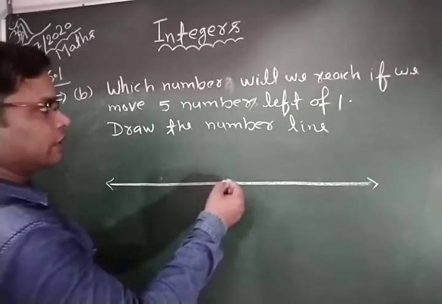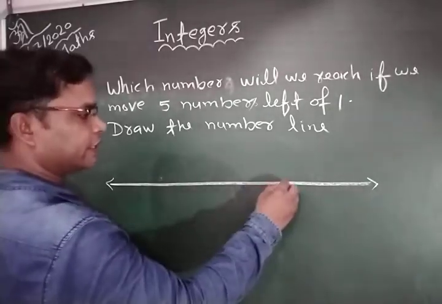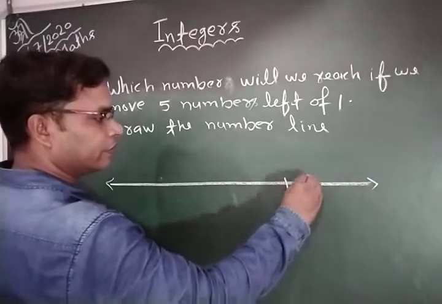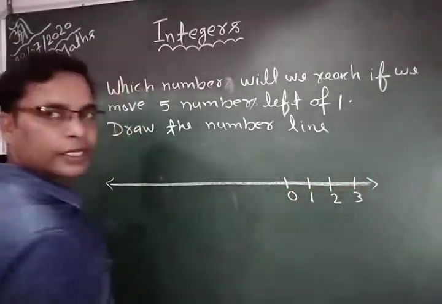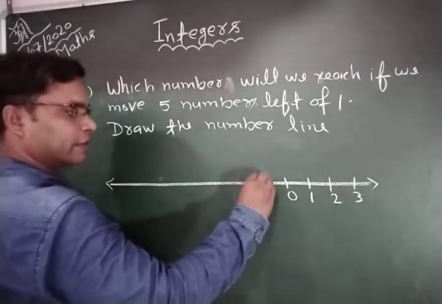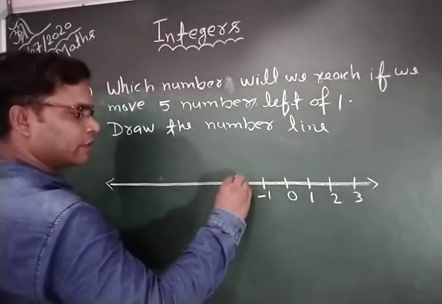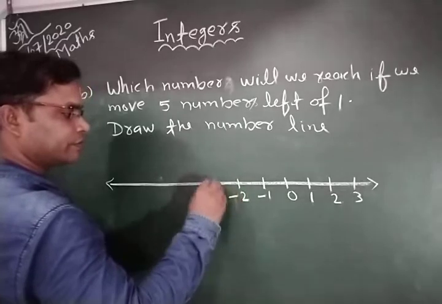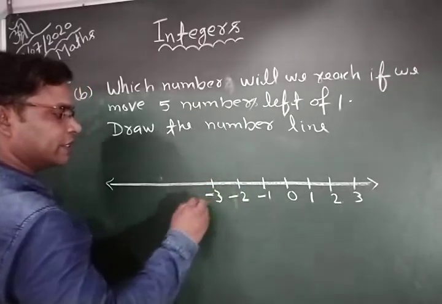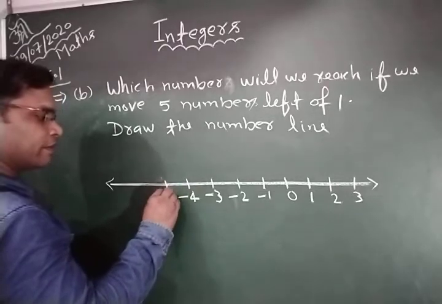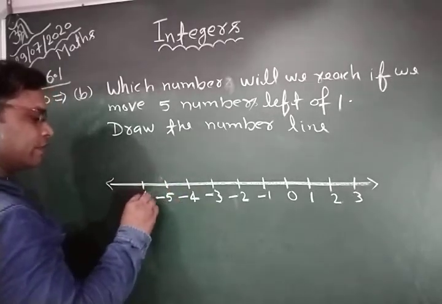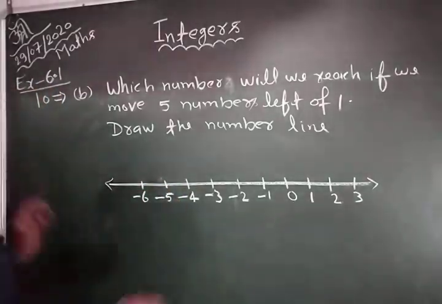Okay, so we'll move left. So we take here 0, 1, 2, 3. Clear? Now here -1, -2, -3, -4, -5, -6. Okay, so here this is 1.